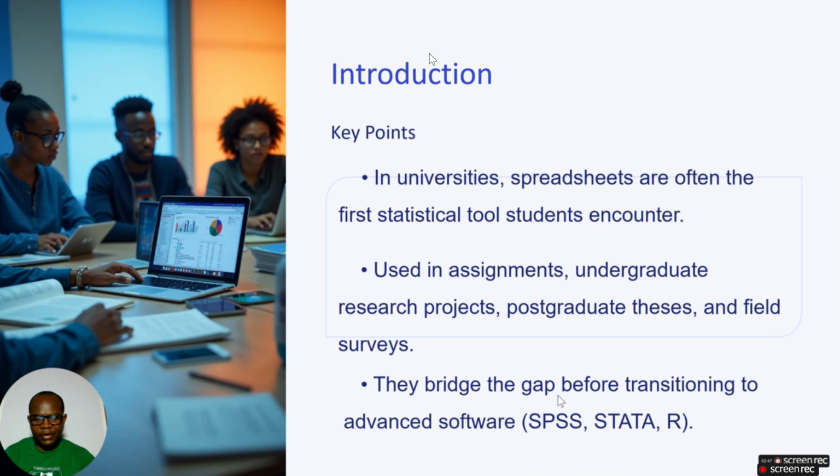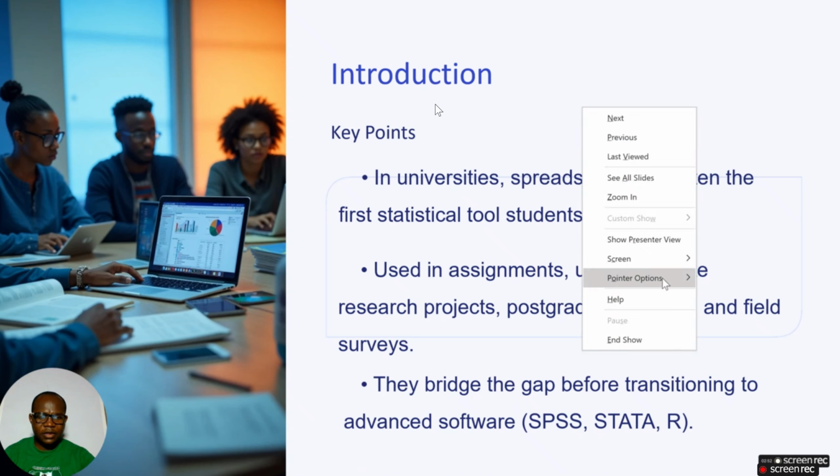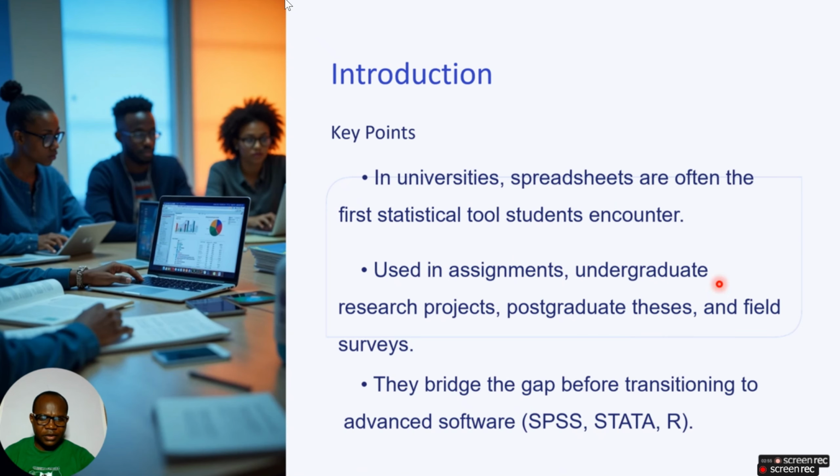But of course, we have some advanced types, which include SPSS, that is the Statistical Package for the Social Sciences, and also we have Stata and R. These are analytical software. They are not just basic spreadsheets, they are very powerful software that could be used for your analysis. And we also have R as a programming language, which is also vast in terms of data management.